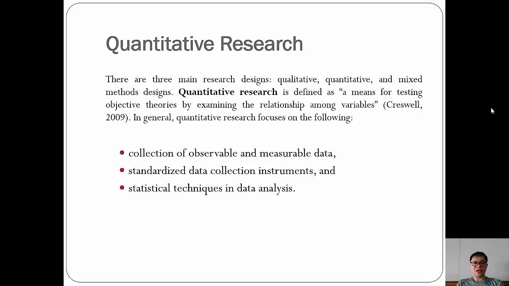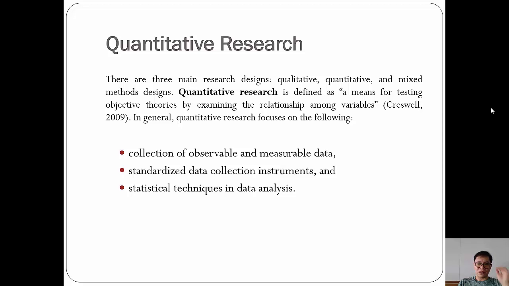Okay? So in general, quantitative research focuses on the following: collection of observable and measurable data, standardized data collection instrument, and statistical techniques and data analysis.